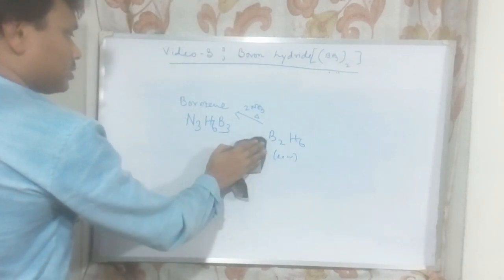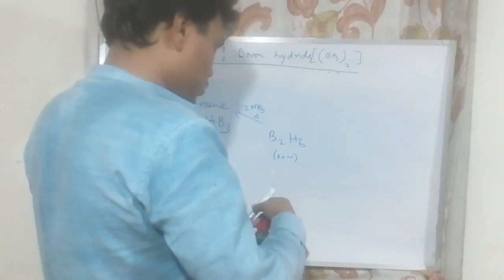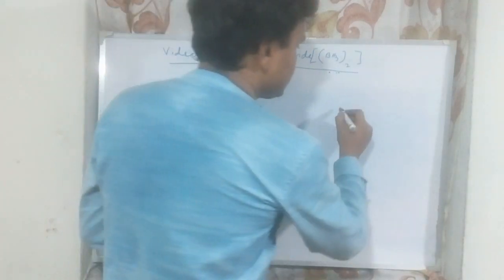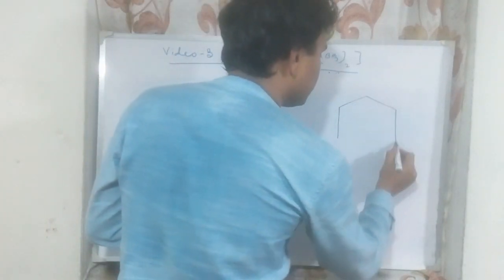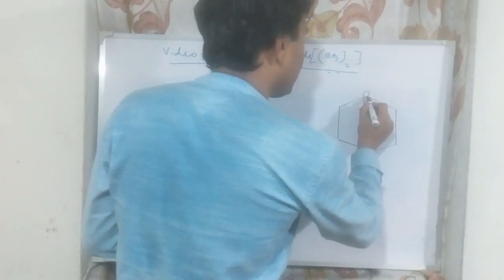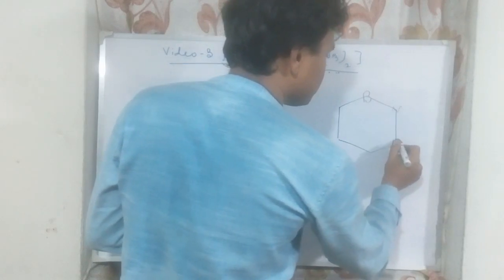So to remember the process of drawing borazine, you may follow this technique. The technique is, first draw a 6-membered ring and arbitrarily place one boron or nitrogen, and after this alternately put boron, nitrogen.